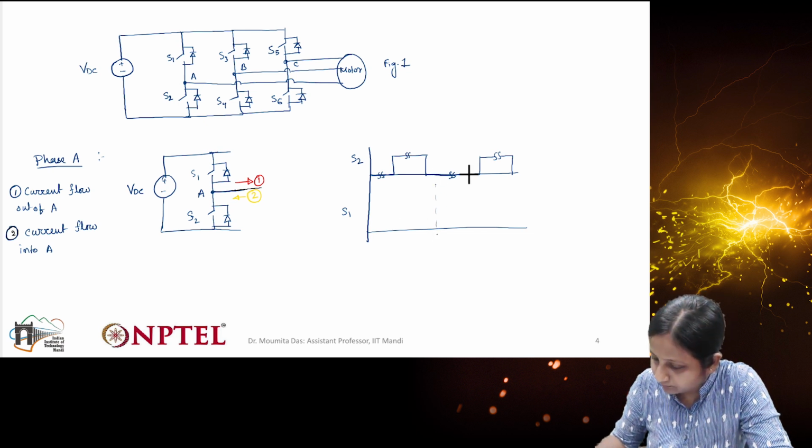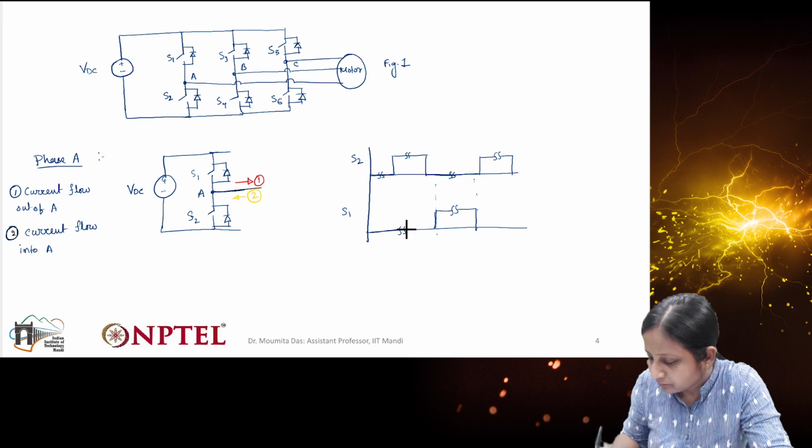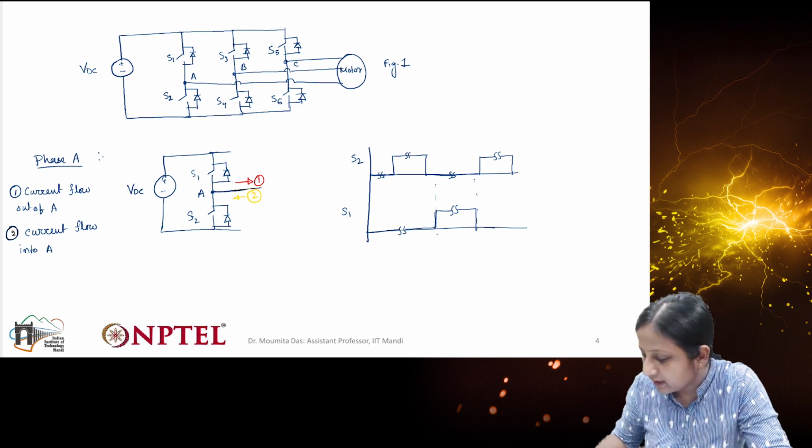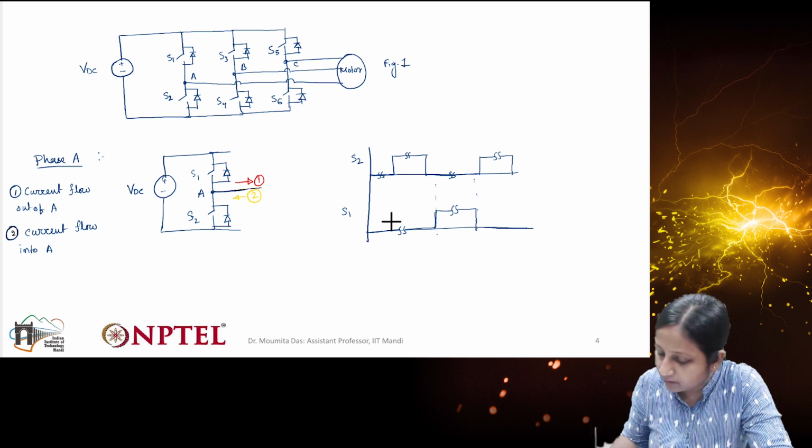Now in this condition, let's say switch S1 is on, and in this condition switch S1 is off. You can see there is sufficient gap in between.